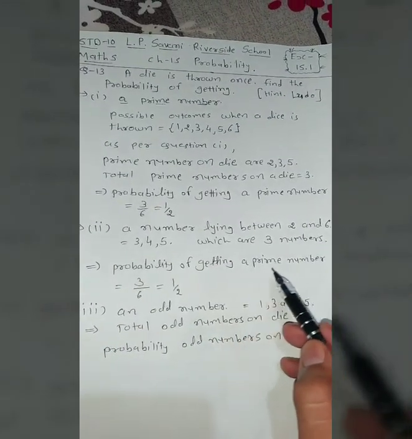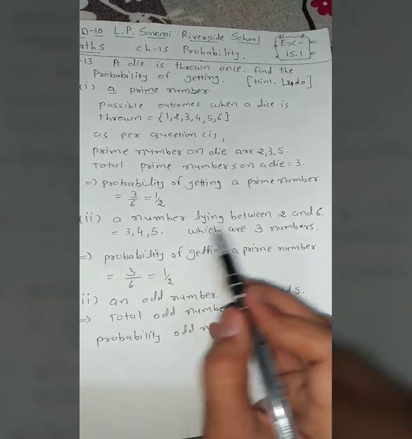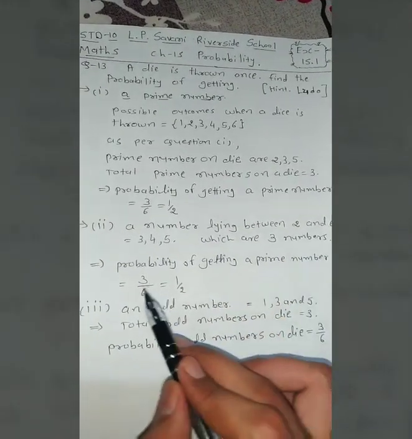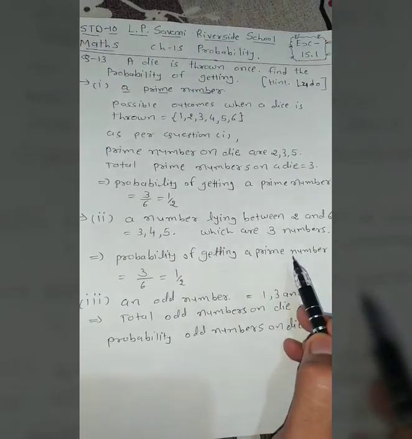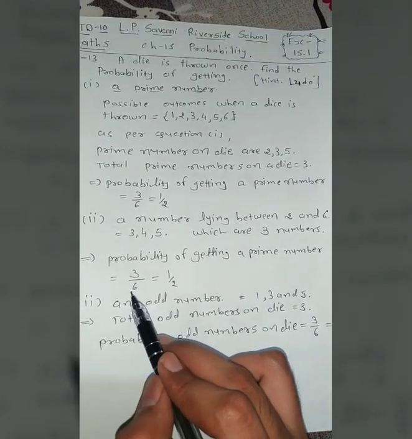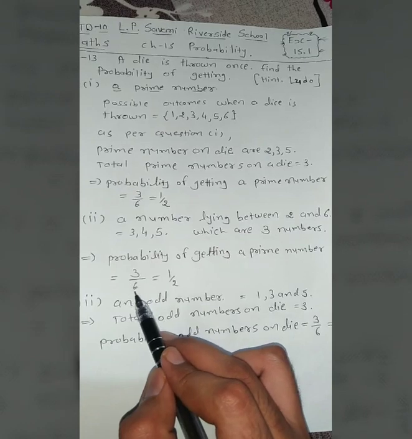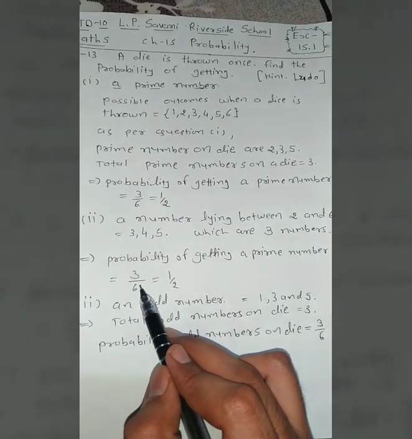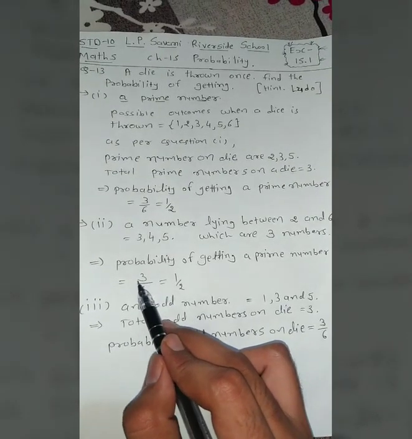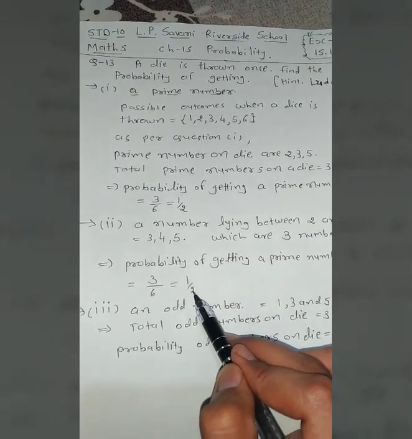So the probability of getting a number between 2 and 6, that is 3, 4 and 5, which are 3 numbers, is 3 upon 6. Here 6 is the total number of possible outcomes, and this is the number of outcomes we want. So 3 upon 6 gives 1 upon 2.